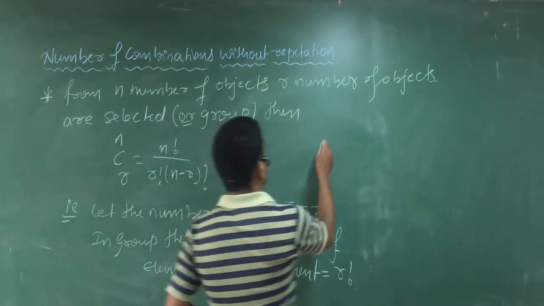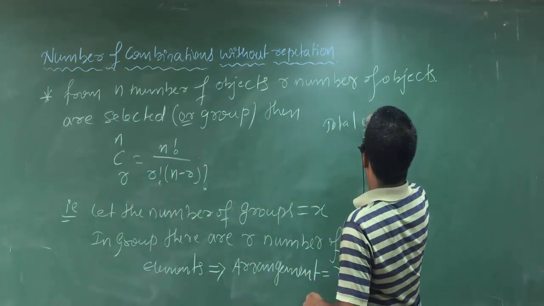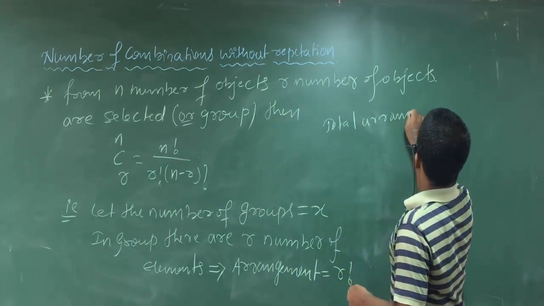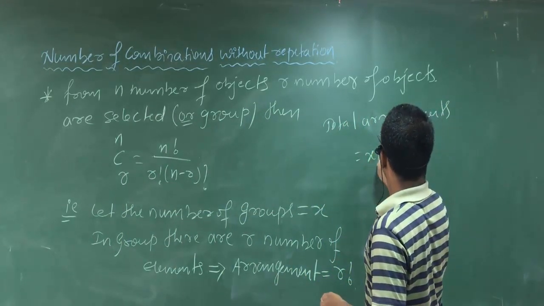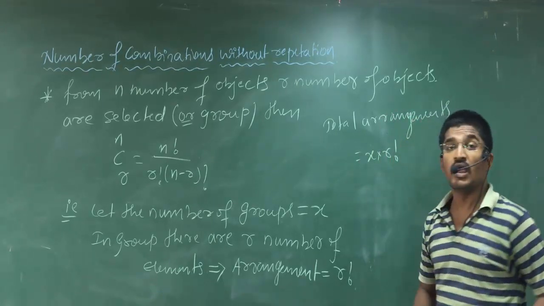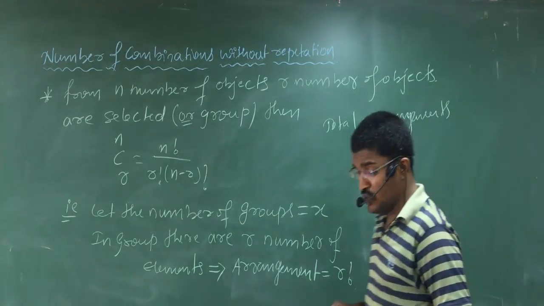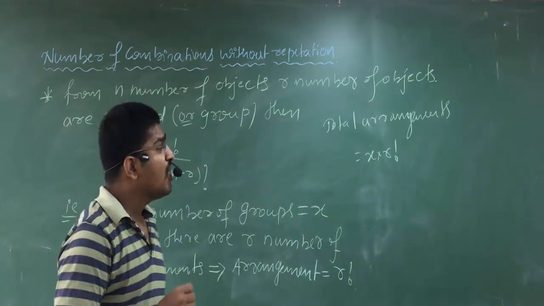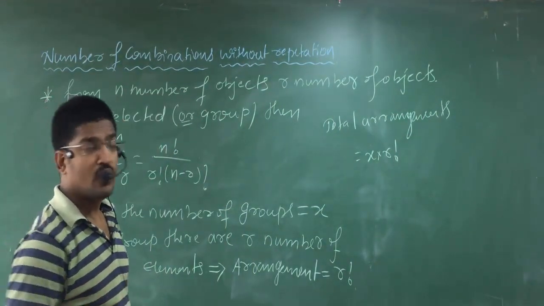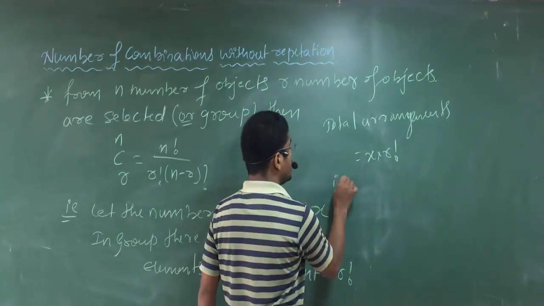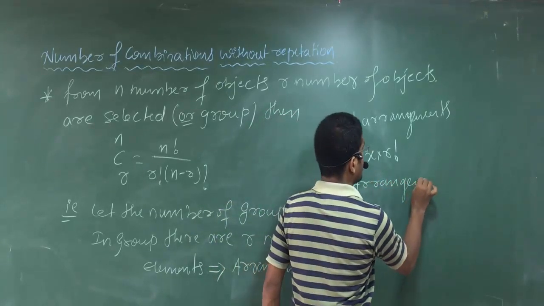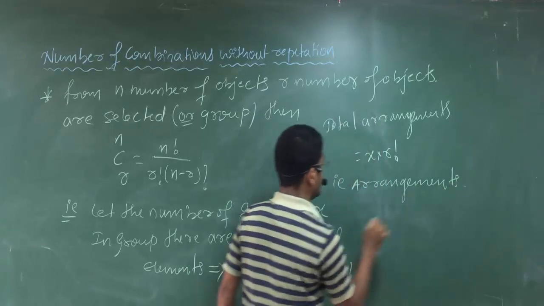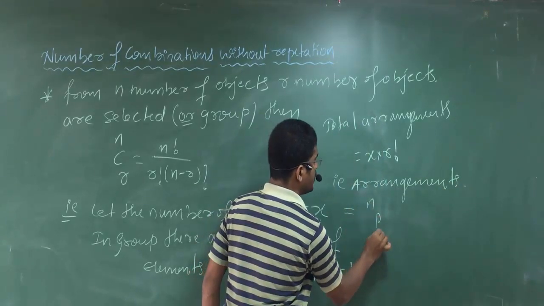Now, total arrangements will be equal to x into r factorial. But we know that arrangements are equal to nPr.